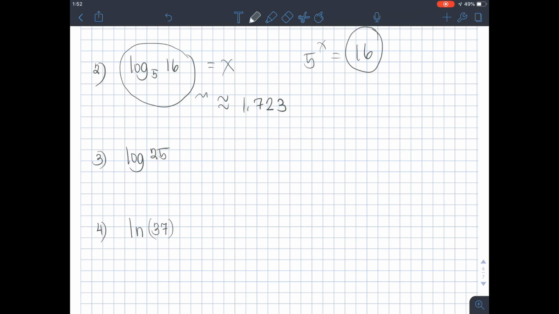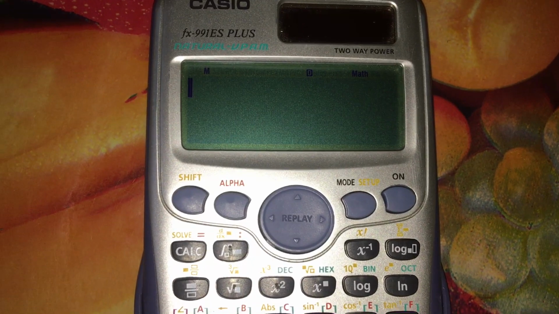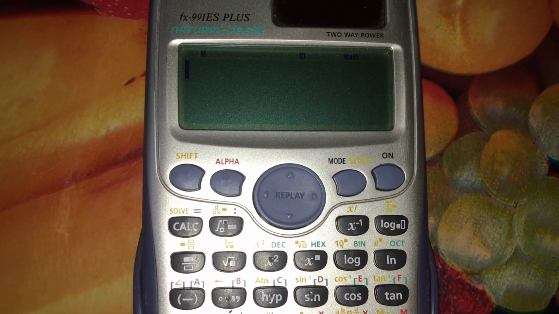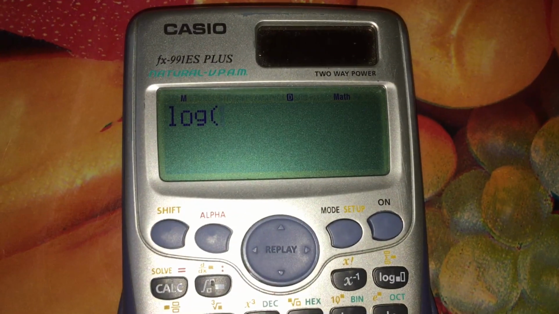Okay? Next, we have logarithm of 25. So, this is an example of common logarithm na may invisible base na 10. So, hindi ulit ito eksakto, right? So, gamit na lang ulit tayo ng calculator para ma-solve to. Okay? This time, kapag magko-compute tayo ng common logarithm, ang pipindutin naman natin na button ay itong log lang. Automatic base 10 yan.